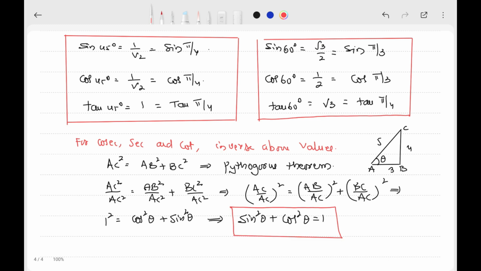Now you see the wonder. Now we know that sin square theta plus cos square theta is equal to 1. That implies, dividing both the sides by sin square theta, what happens? Sin square theta by sin square theta plus cos square theta by sin square theta is equal to 1 by sin square theta.